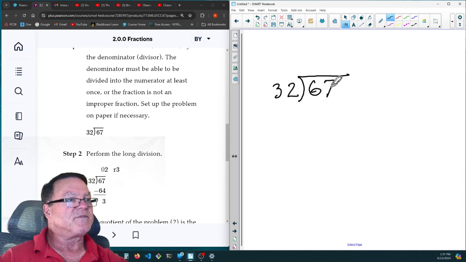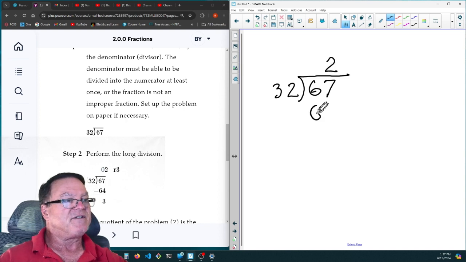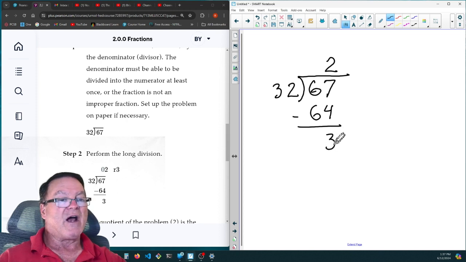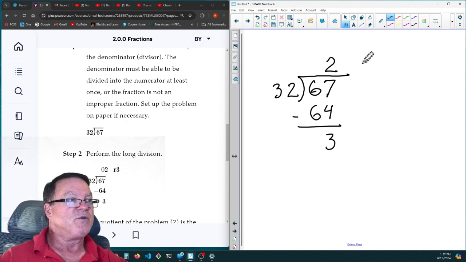So 32 times 2 is 64. So I'll put a 2 above the division bar, and I'll write my 64 underneath the 67, and then we'll subtract 64 from 67, and we'll get 3. So 3 will be our remainder. It's 2 with a remainder of 3.